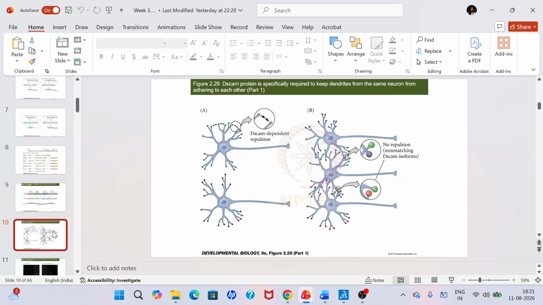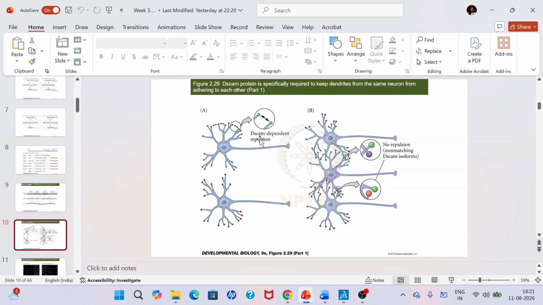This is an example of this DSCAM protein, which is specifically required to keep dendrites from the same neuron from adhering to each other, so that there won't be any crosstalk or any problem in sending the signal further. Crosstalk as in the same neuron, it is not between two neurons.